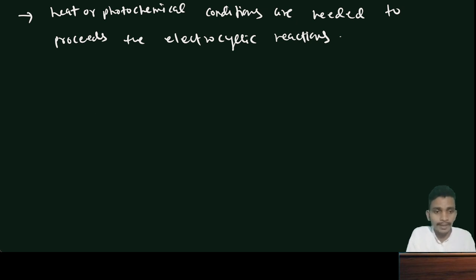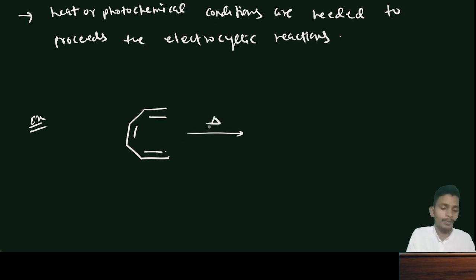So let's take an example. Suppose we have discussed this one, so let's go through this example. We have it like this. Okay, now we are giving heat. After we heat, this will break and this is forming, it is going to be like this, and this is shifted to here, and this is forming like this.